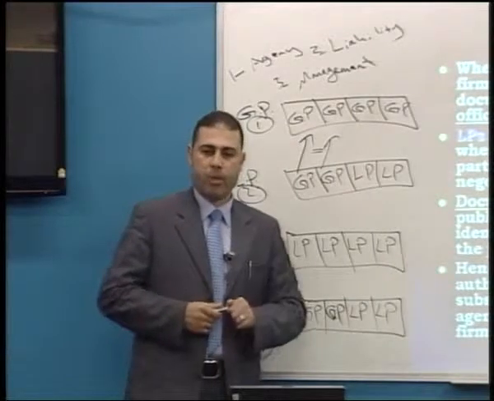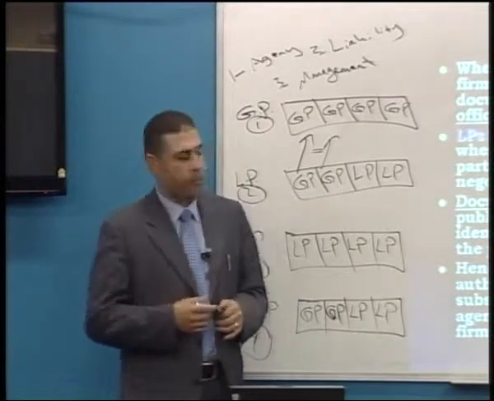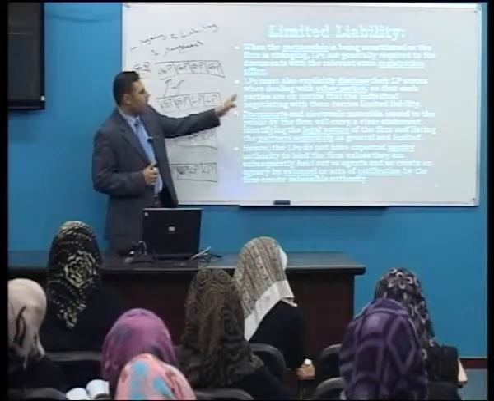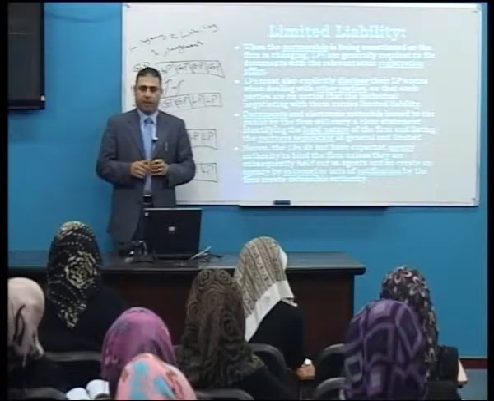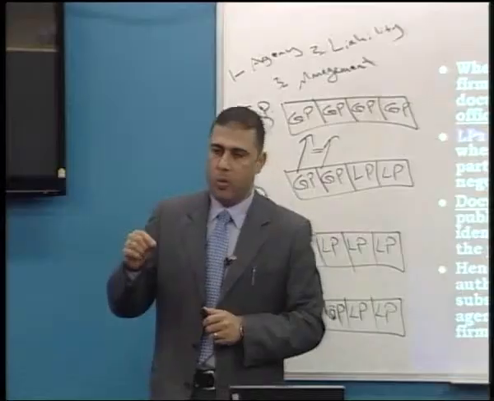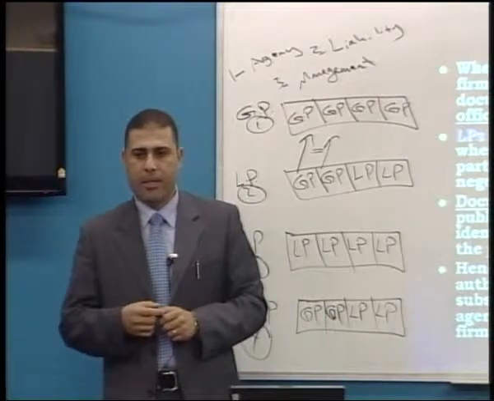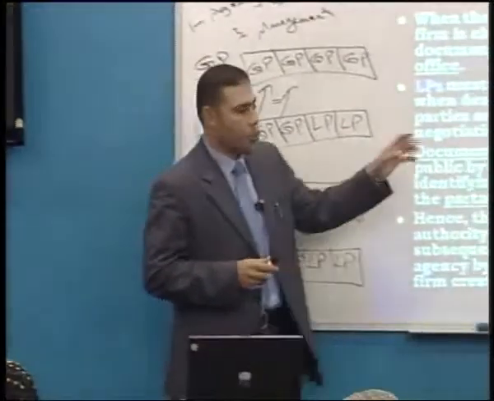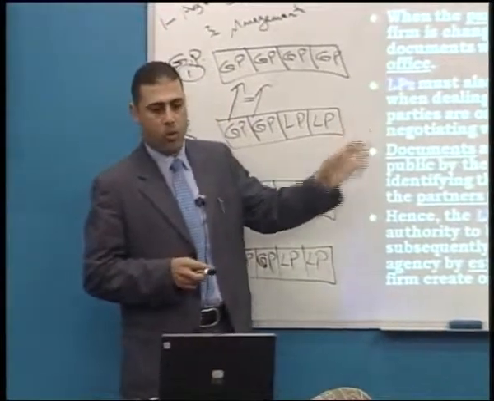The second way is to make sure limited liability is clear, and GPs and LPs know from the beginning which one has limited liability and which one has unlimited liability. We have to disclose such information to the customers.